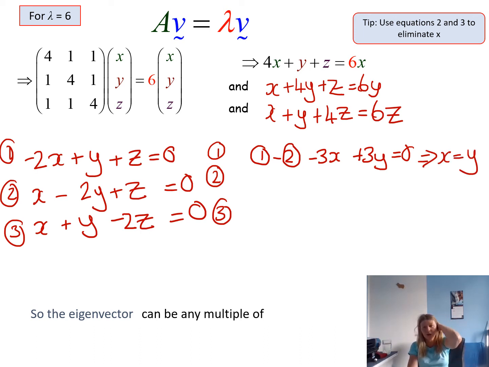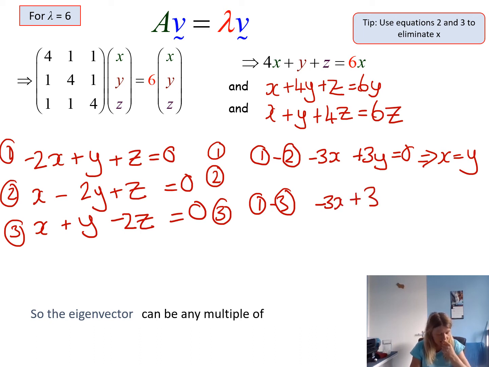Eliminating Z for another couple of equations. So this time let's do 1 take 3. You could have done 3 take 1, it really doesn't matter. 1 take 3 gives minus 3x plus 3z equals 0. And this implies that x equals z. If x equals z, x equals y, then x equals y equals z.